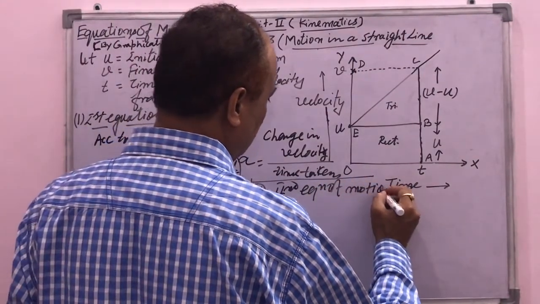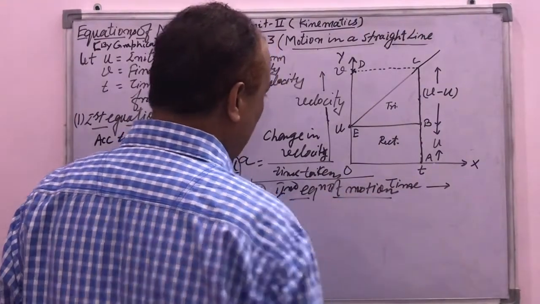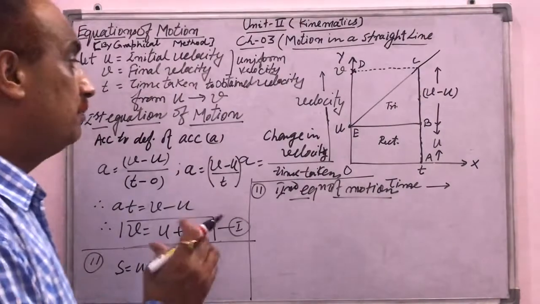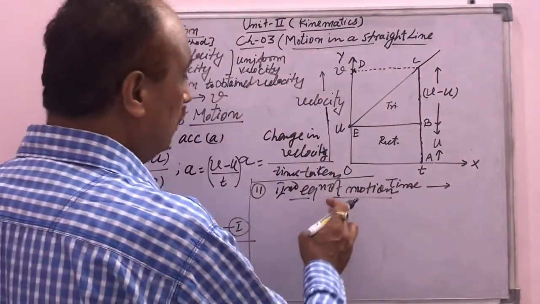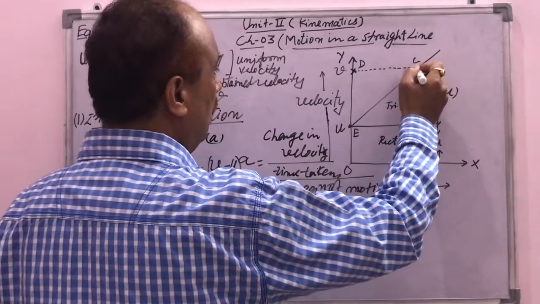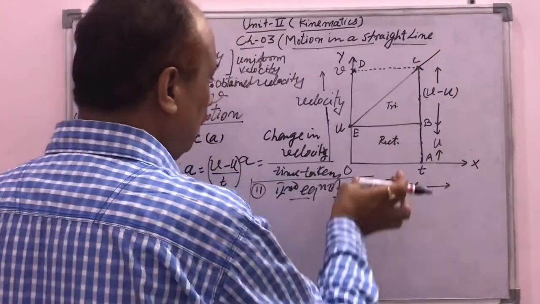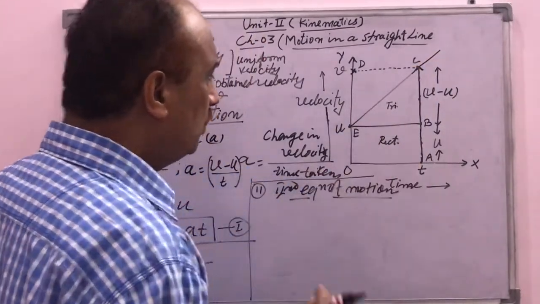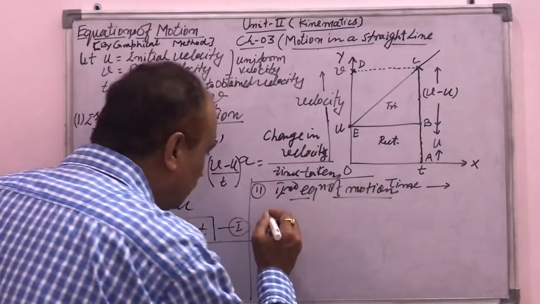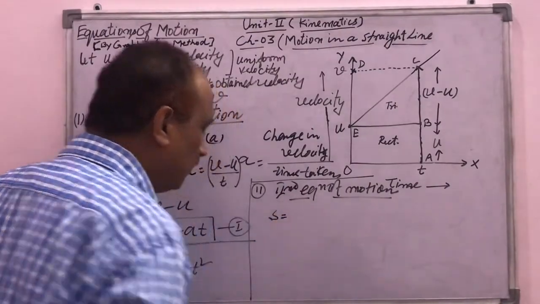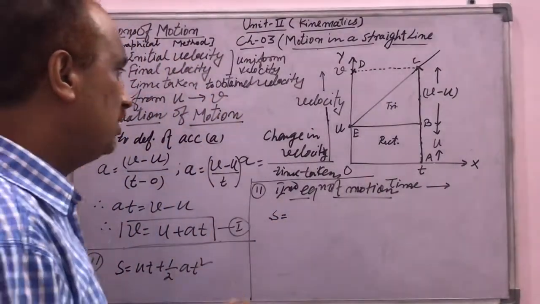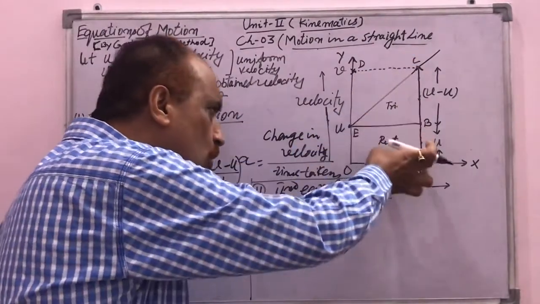To do this, again we have to find the distance covered by the body when it moves from initial velocity u to final velocity v up to the point C in a time interval t. How much distance is traveled? When we find the distance traveled by the body in the given interval of time t, that distance s is always equal to the area enclosed by the graph.